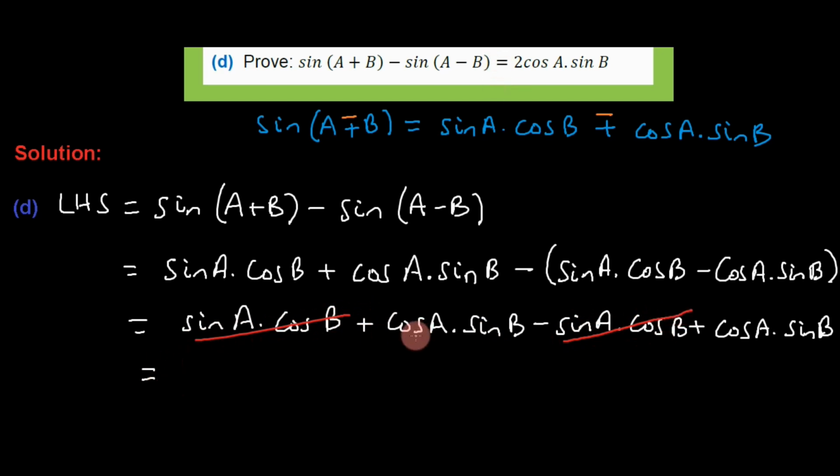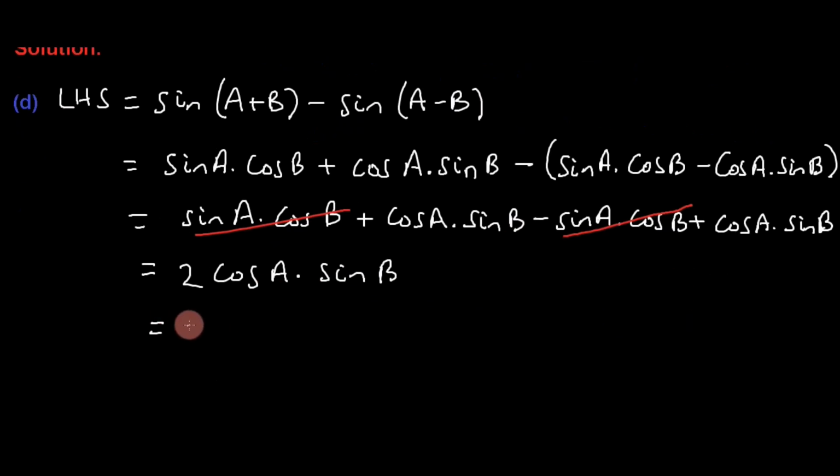And we're basically left with cos A sine B plus cos A sine B, which of course is twice cos A sine B. And this is equal to the right-hand side of this identity that we needed to prove. So this equals the right-hand side. And hence we can say the left-hand side equals the right-hand side.